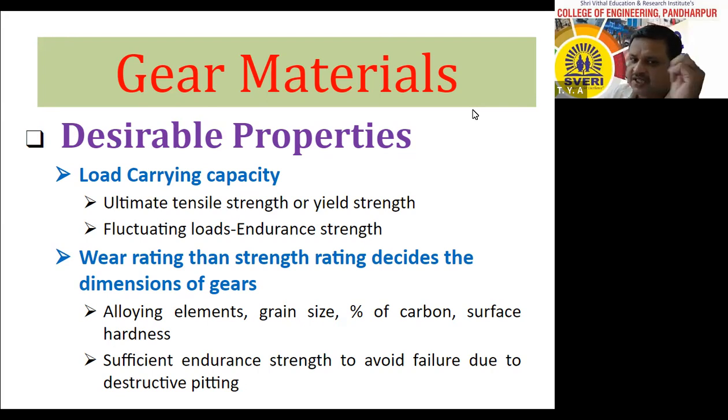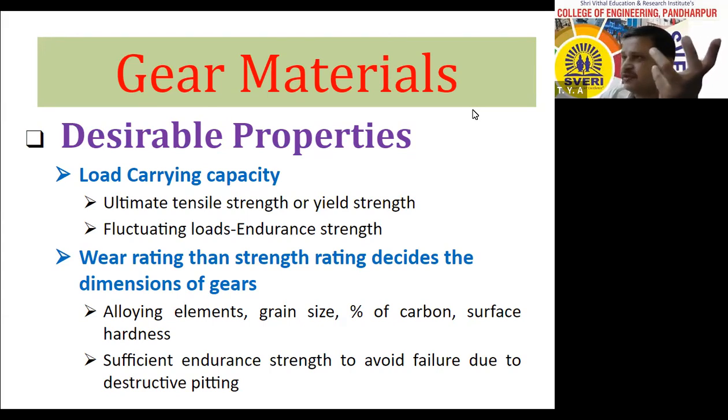Therefore, which gear material we have to use depends upon where we are going to use that gear, that is, the application of the gear. Now, in case of toys, the gears don't require that much strength or torque or speed conversion or speed ratio. Therefore, we can use plastic material.